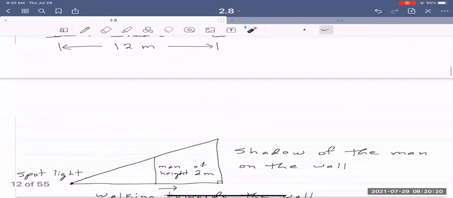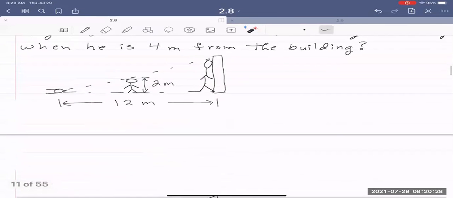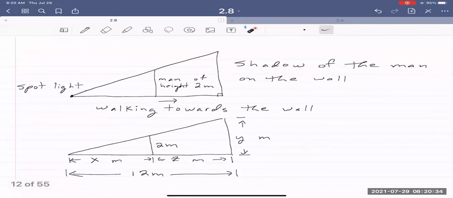So I'm going to do this more abstractly. Rather than have the stick figure of the man, I'll just say this is the man, and it has a fixed height of 2 meters. Here's the spotlight, and here's the wall.